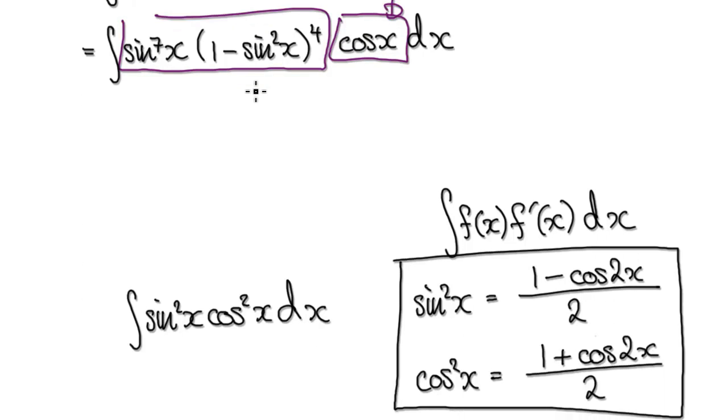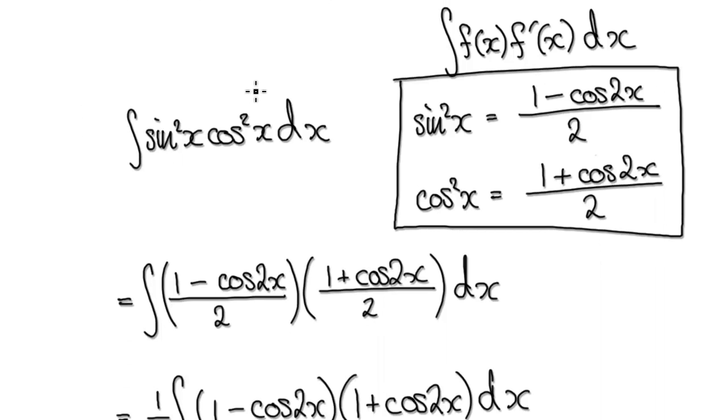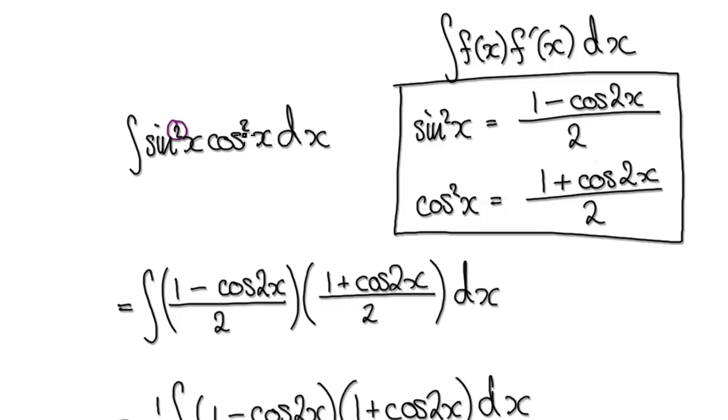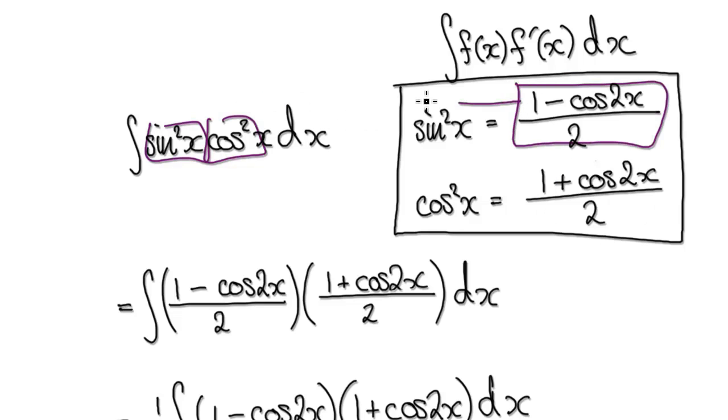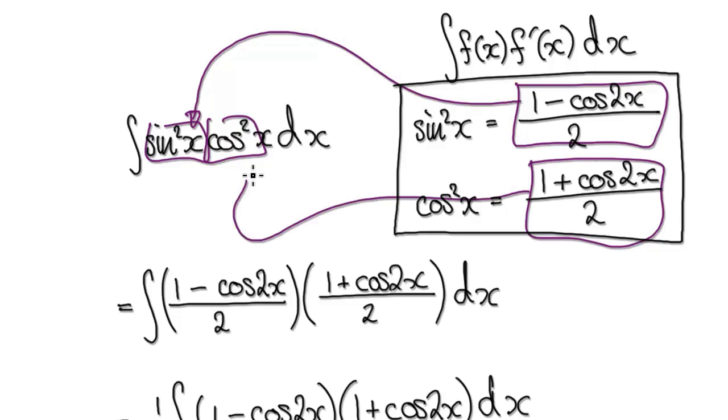But in our case, we've got an even and an even, so it's going to be much harder. We've got no choice but to use these two. So to integrate this, put this into the sine, put this into the cos.